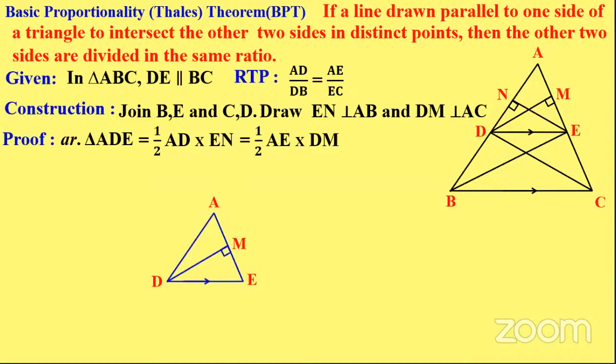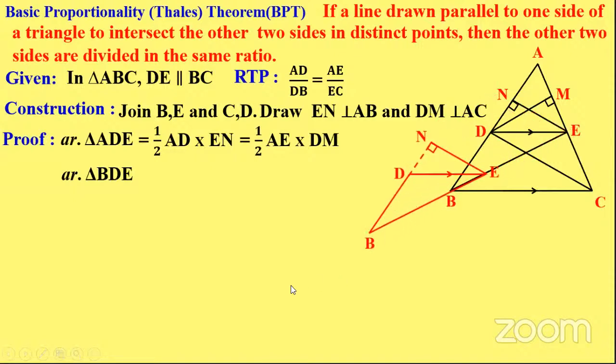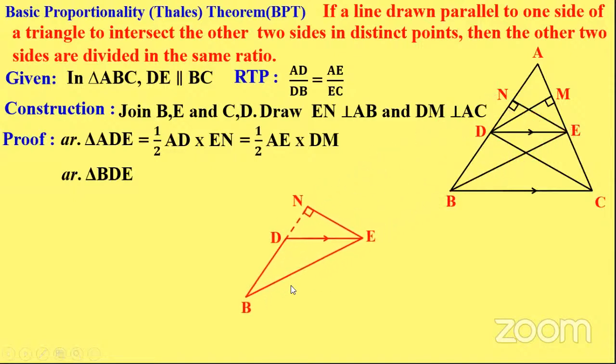Now switch over to area of triangle BDE. Where is the BDE? Here. This is the BDE, red color. So triangle BDE. Additionally, I have taken EN.